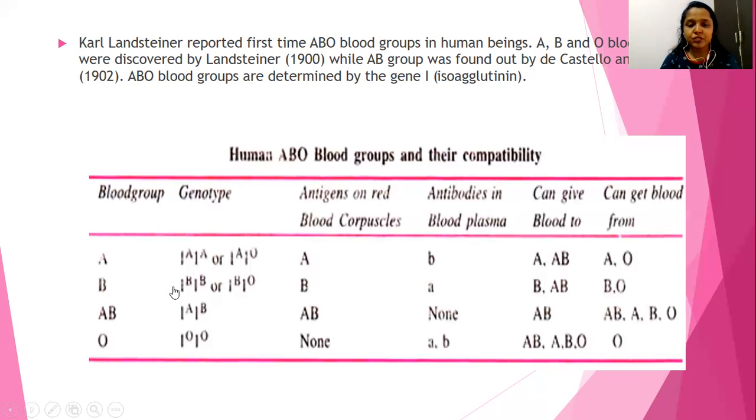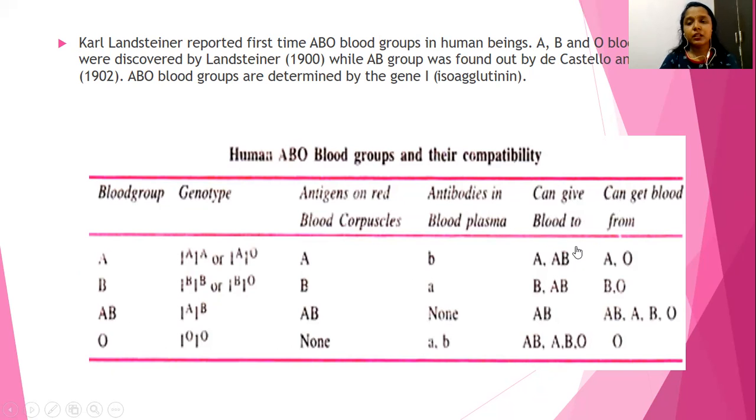And B blood group individuals will be having antigen B in their red blood corpuscle and antibody A in the plasma. Whereas the AB blood group individual will be having both the antigens in the RBC, but they will not be having any antibodies. Whereas the O blood group individuals will not be having any antigens, but they'll be having both the antibodies in their blood plasma.